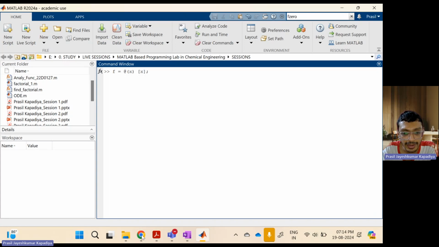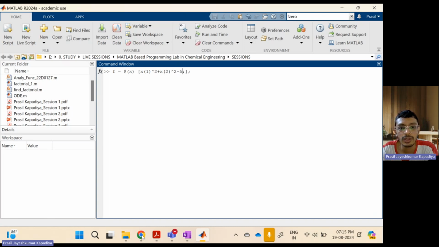So let me write x of 1 square plus x of 2 square minus 5. This is my first equation.